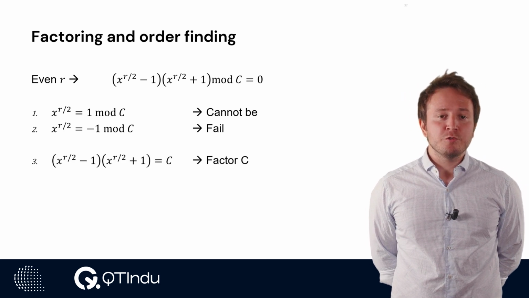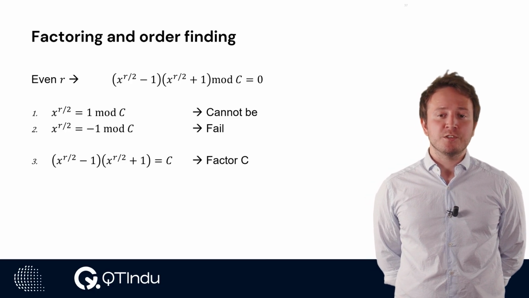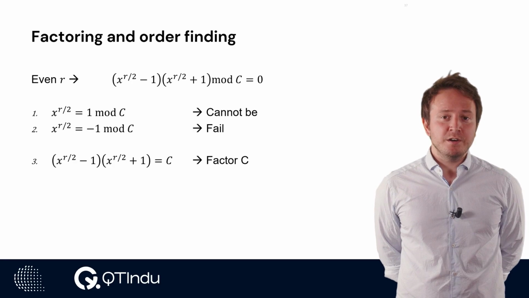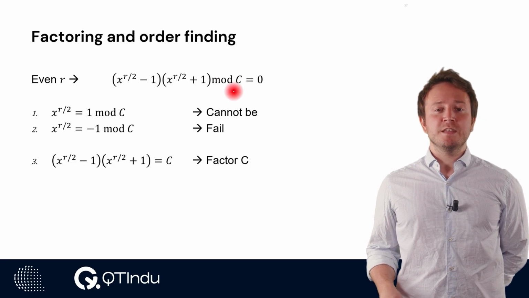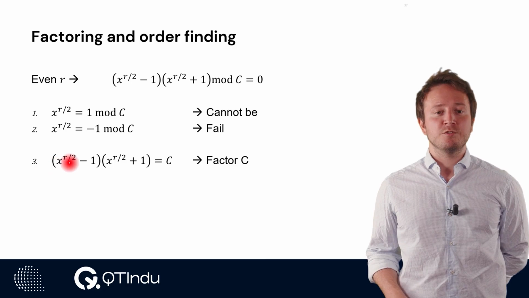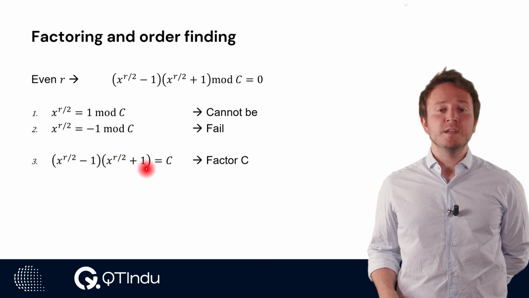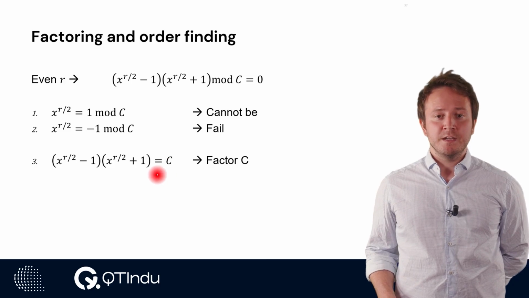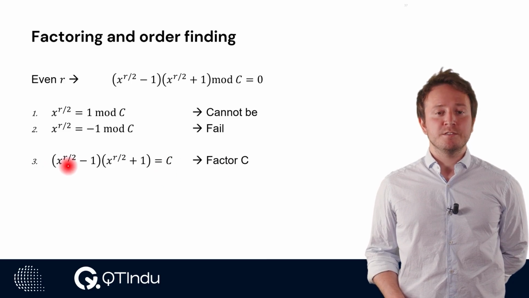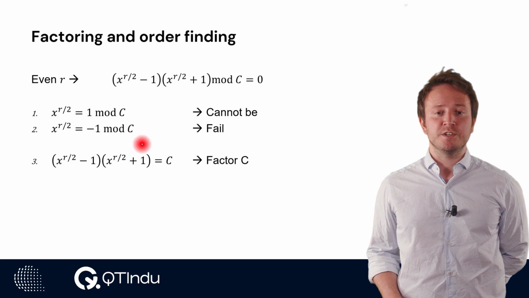If we are not in those two situations, actually we are done. So we know exactly what the factors of c are. In particular, the fact that we can write this equation can mean that the product of x to the power r/2 minus 1 times x to the power r/2 plus 1 is directly equal to c. In which case, we already know directly the factors of c, which are these two terms over here.